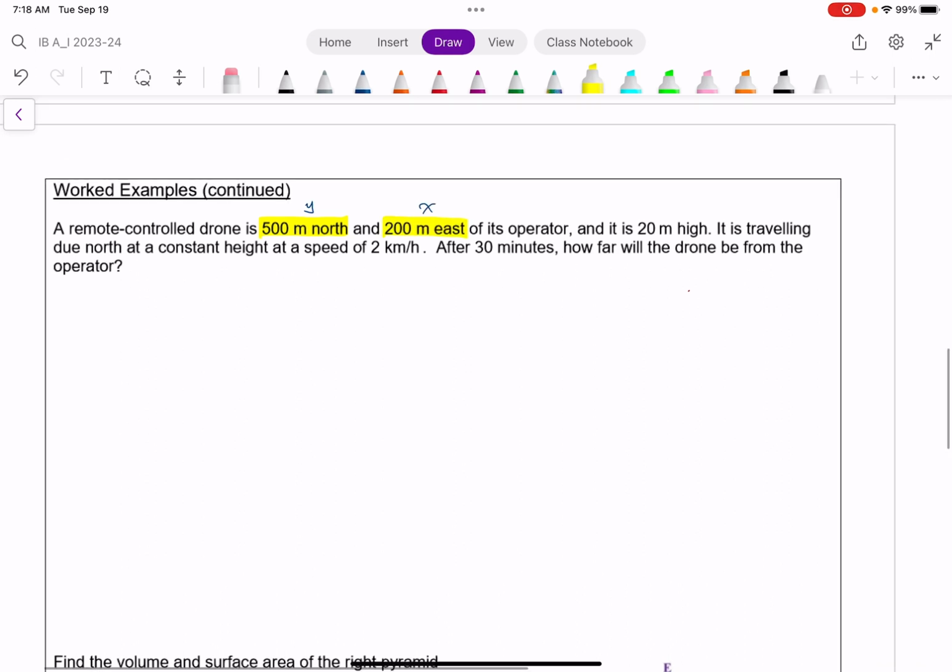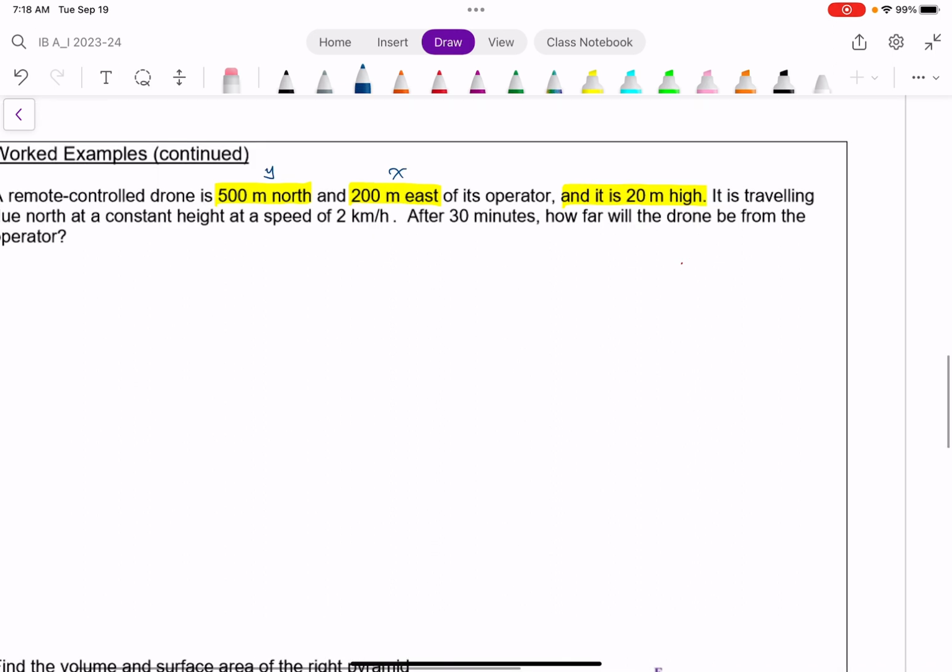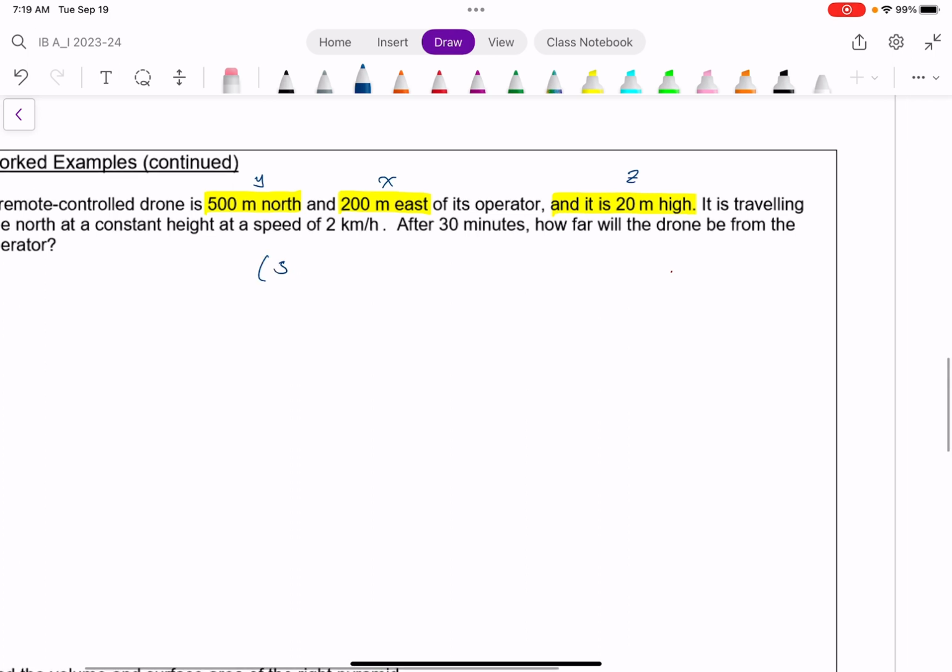But as well, it's 20 meters high, so we want to think about that as being on the z-axis. So we could think of this as the coordinates 500, 200, 20. My X, Y, and Z. And I just realized I wrote those down wrong, so it should be, my apologies, 200 first, then 500, then 20.